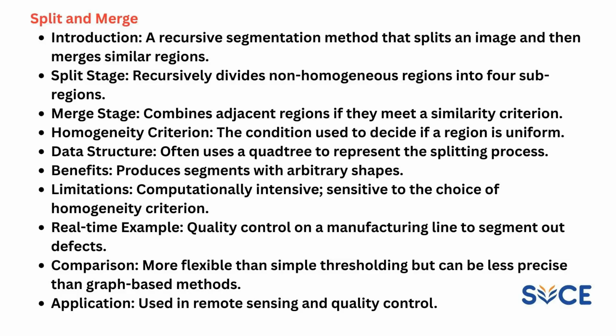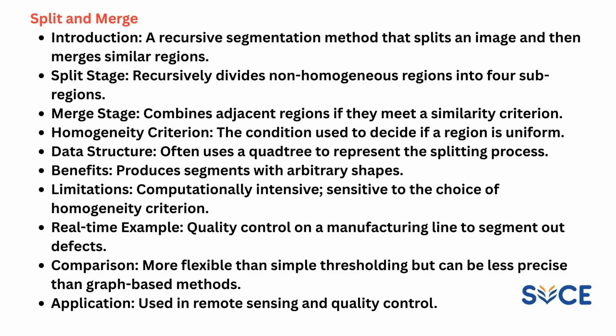The third part is the real-world applications, so where this method is actually used and why we are going to study it. It is particularly useful in applications where the shapes of the segments are irregular and unpredictable.